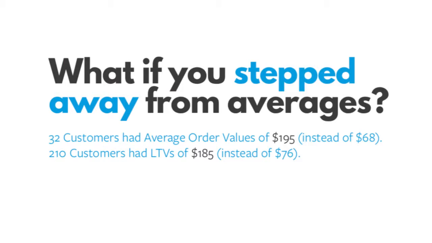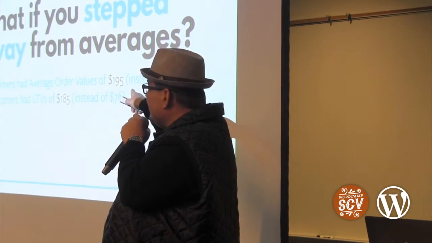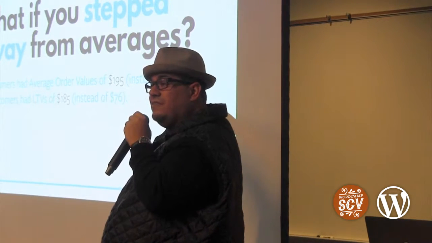But what if you step away from averages? That store with the data that I was showing you had an average order value, or what we call AOV, of $68, but 32 customers had an AOV of $195. 32 of their customers had significantly better average order values than the average.